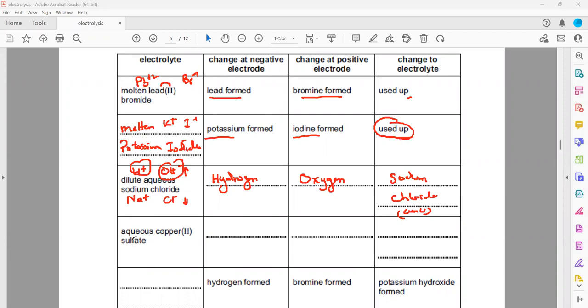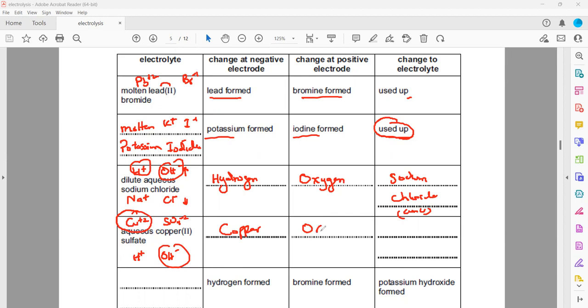Then we have aqueous copper sulfate. So what are the ions? Copper ions, sulfate ions, hydrogen ions and hydroxide ions. For positive ions, we check the reactivity. Always the less reactive will move, so copper will move. For negative ions, we check the amount, but sulfate, carbonate and nitrate never move. So it will be hydroxide.